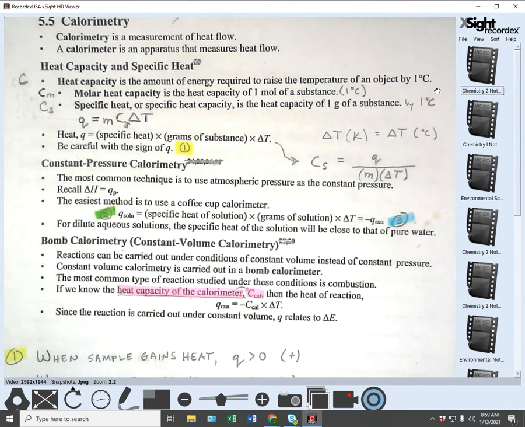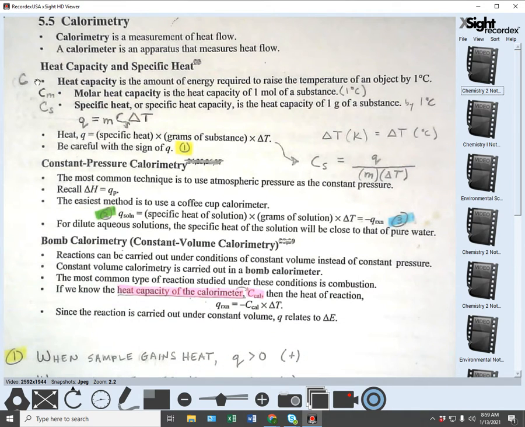Okay. So that's for a specific amount of a specific object, by 1 degree Celsius. Molar heat capacity, which is C sub m, is the heat capacity for 1 mole of a substance. The heat capacity up here is for whatever specific sample you have.